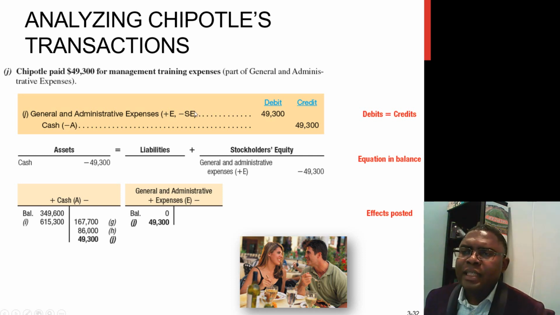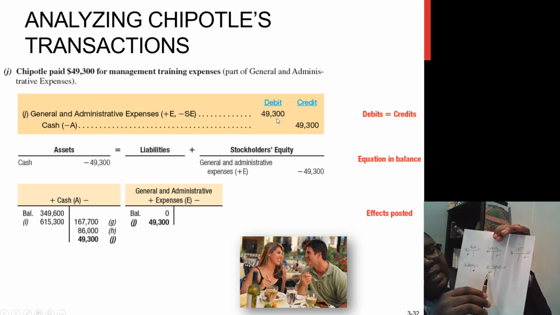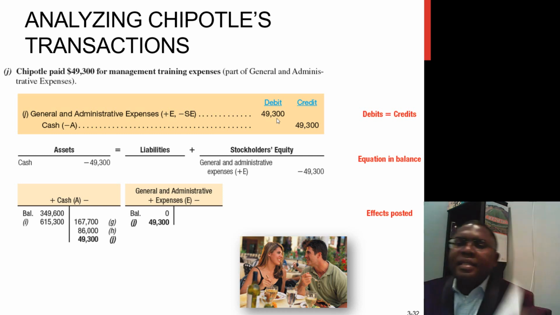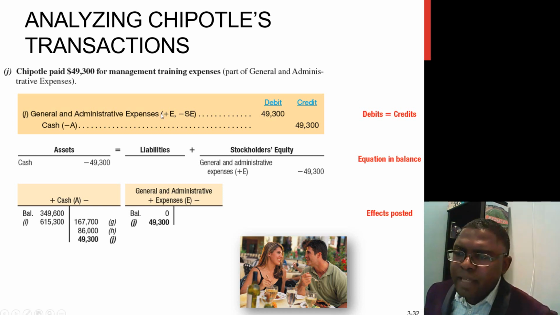So what we find is that expenses are going up by 49,300. So it is going to take a debit balance based on our rule. The rule we say for expenses is that increases in expenses take a debit balance. So in this case, the expense that is going up is the general and administrative expense.